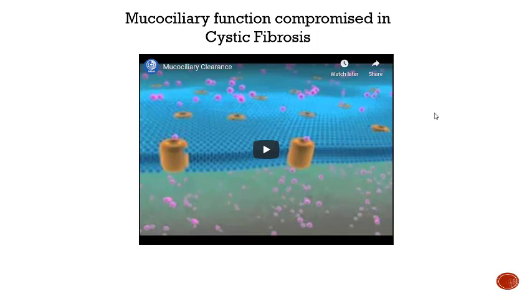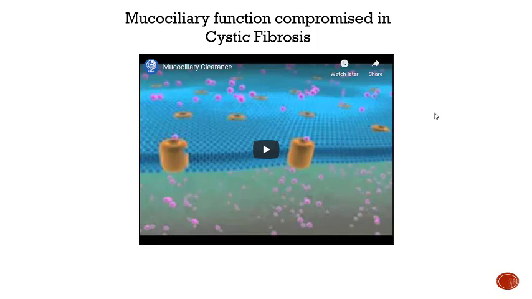This is a video that explains the mucociliary function that is compromised with cystic fibrosis patients. I find this really interesting because it again really solidifies how important your cilia are, how important normal mucus production is for the health of your lungs, and what can happen when that is compromised.